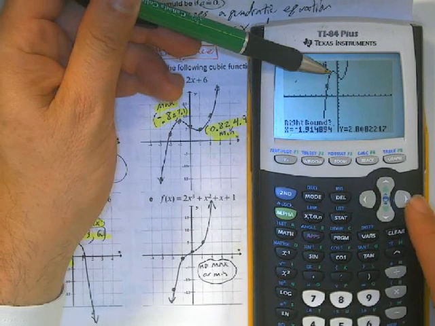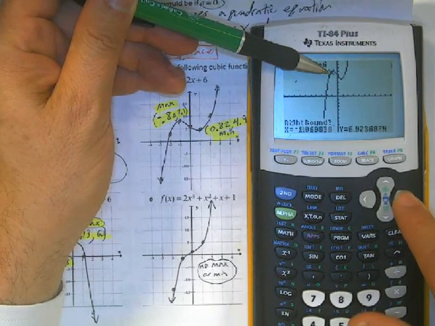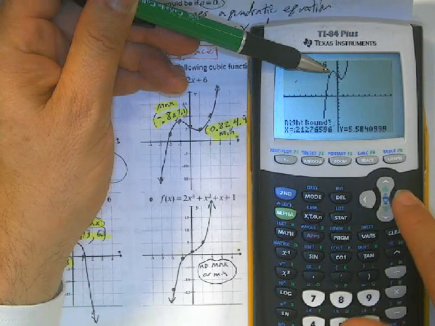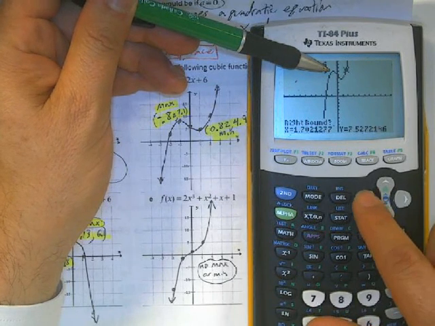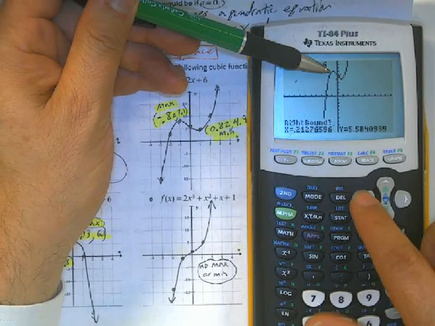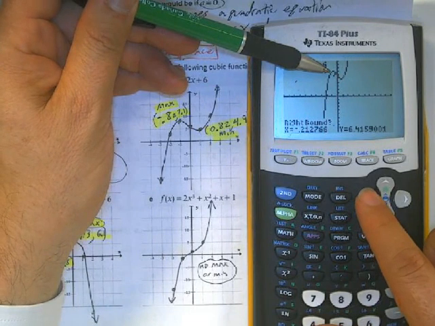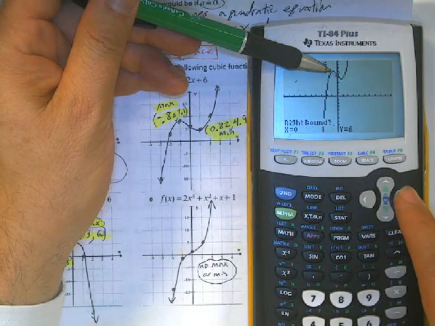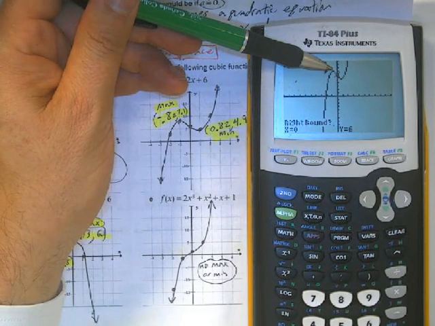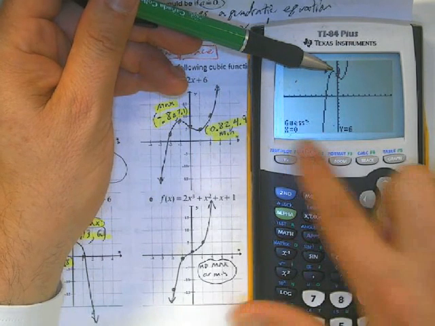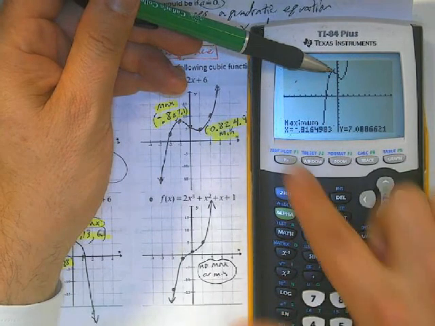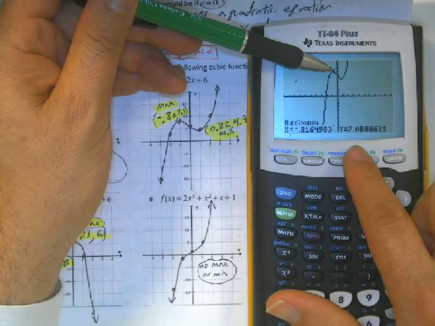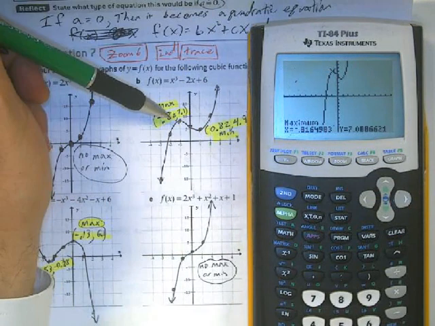I have to arrow to the right of where my pen is pointing. That's good enough. Don't go way over here, then the calculator doesn't know what on earth you're doing. I'm to the right of the top of the hill. Then I hit enter. It says guess. I hit enter again, and it tells me this coordinate is -0.86, 7, and that's what I have written here.